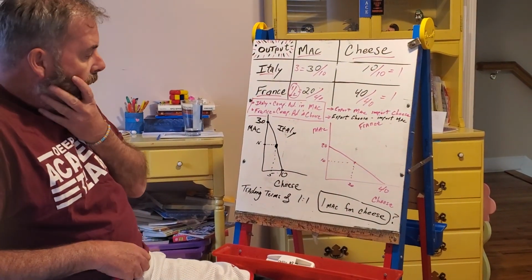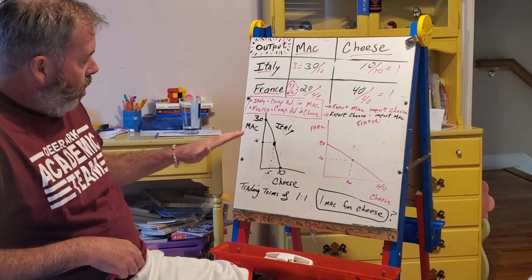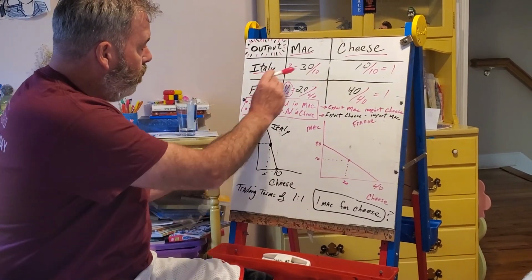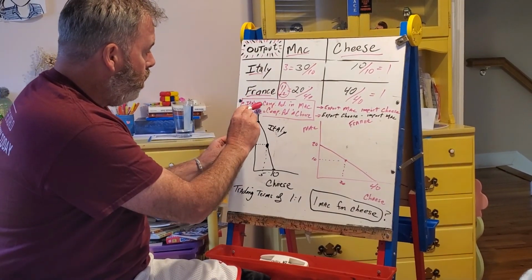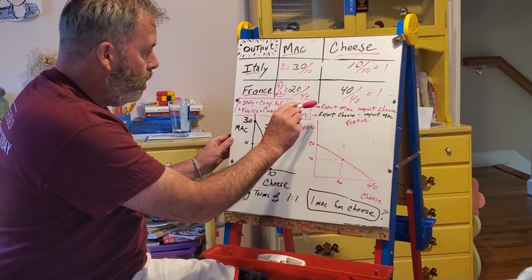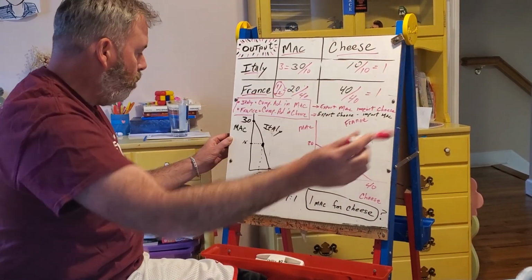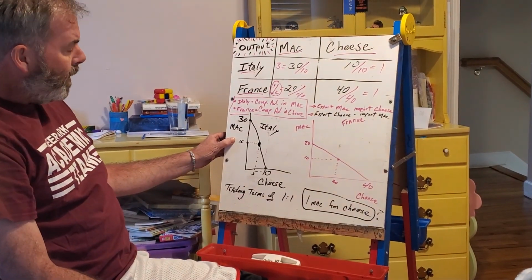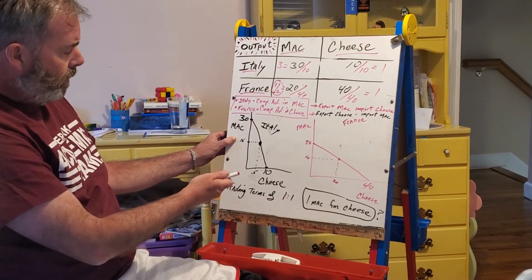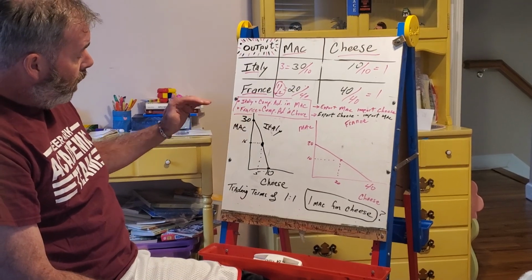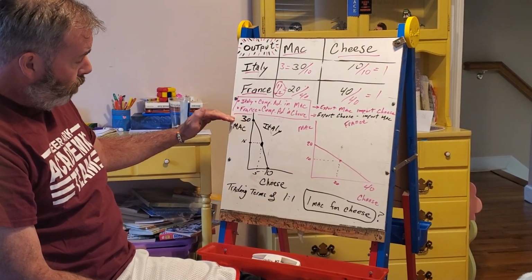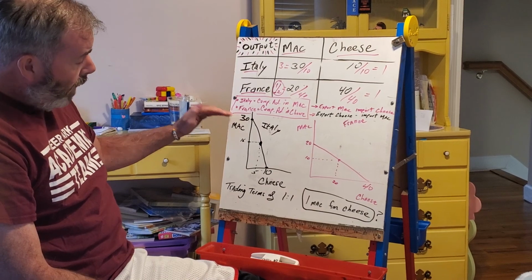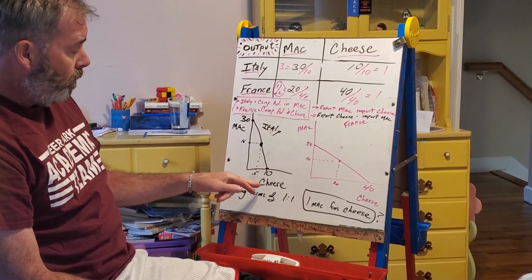All right, I like explaining it this way. Italy enjoys comparative advantage in mac and cheese. That means they're going to produce mac and export surpluses. So Italy's going to produce 30 units. As I showed before, could Italy take half of its resources toward the production of macaroni and devote those resources to the production of cheese?